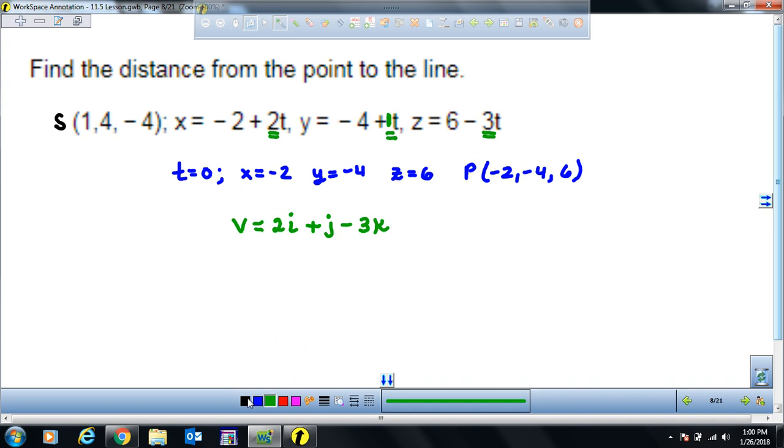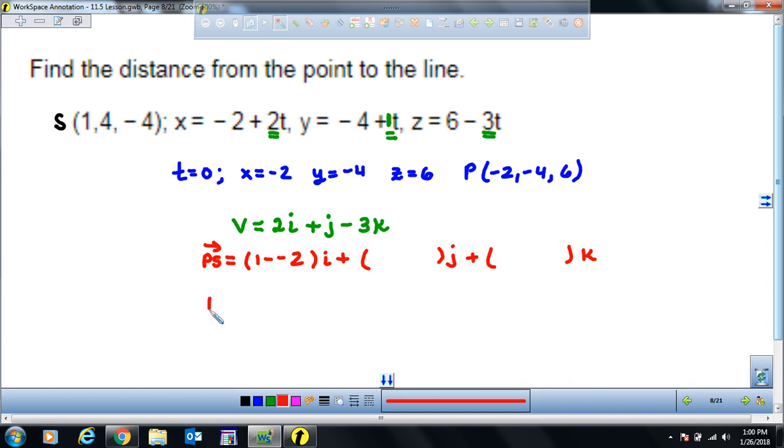Now, we already have vector v, and we already have the points P and S, but we need the vector that goes from P to point S. Okay, that's another thing we need to find. Let's go ahead and find that. To find that out, we're going to subtract the components. It would be S minus P, since it goes in the direction of S. So, would be 1 minus -2.